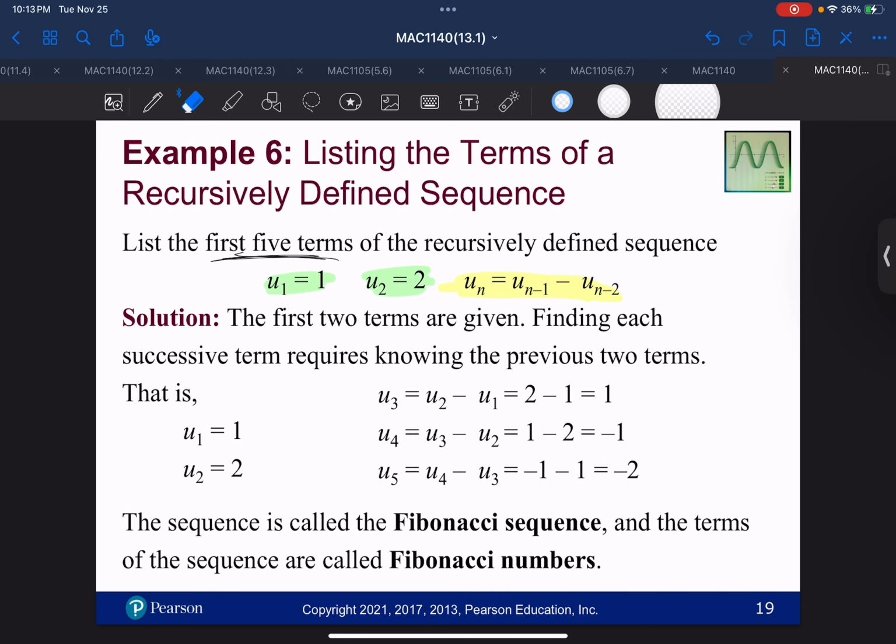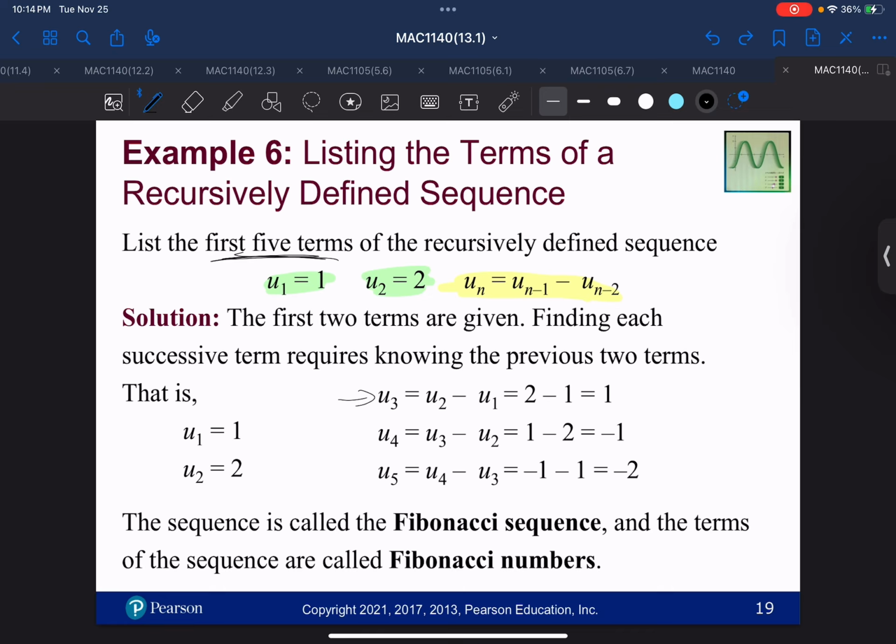So the third term here would be given by u sub 3 minus 1, which would be u sub 2, minus u sub 3 minus 2, which would be u sub 1. And those have been given to us. So this will become 2 minus 1, which is equal to 1. So the third term would be 1.